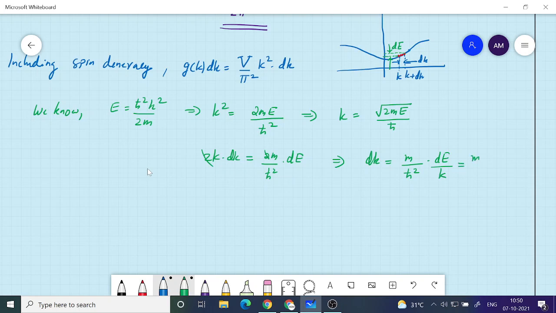So m by h cut square, and k is square root of 2m into E raised to half, divided by h cut. So I put all the terms: m by h cut square, then square root of 2mE by h cut, into dE.